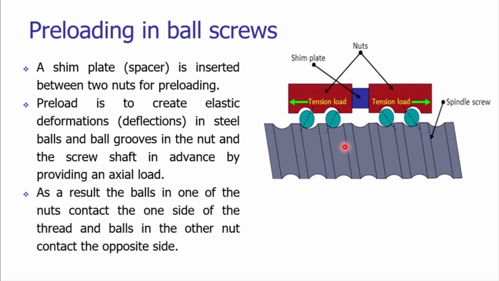So here you can see, due to the application of the tension load in opposite direction, these balls are having a contact on one side of its diameter, and these balls are having the contact on the opposite side of the diameter.